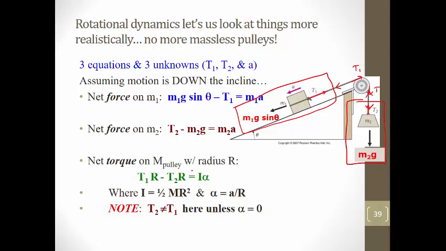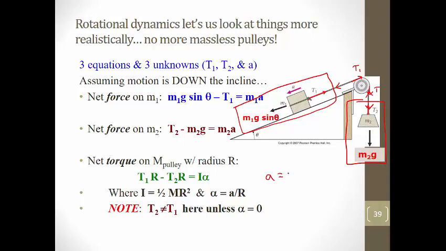So we look up in table 8.1 and for a pulley, a solid disc, the moment of inertia is 1/2 mr squared. I know that alpha is related to the tangential acceleration.